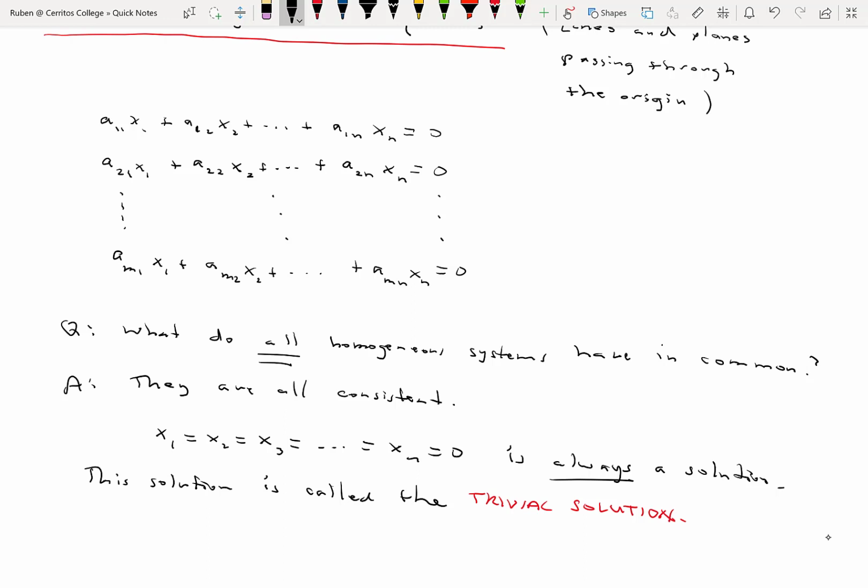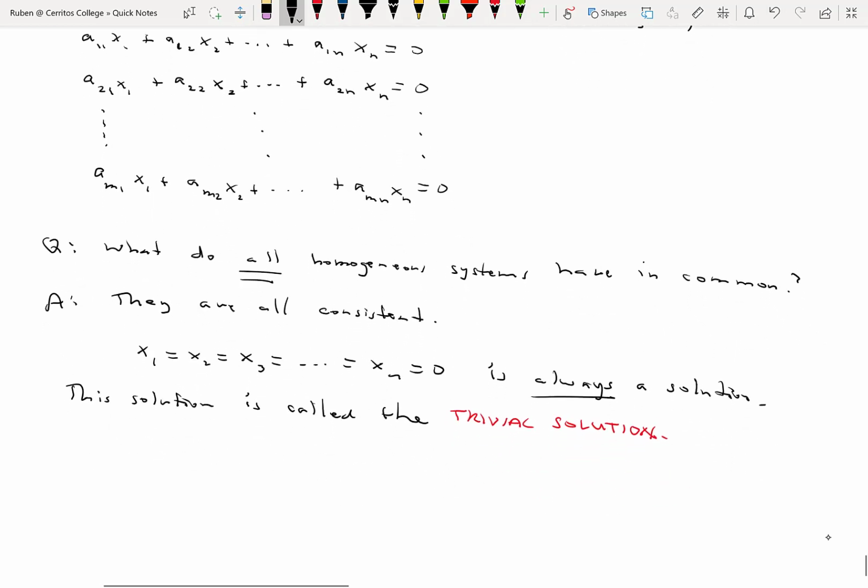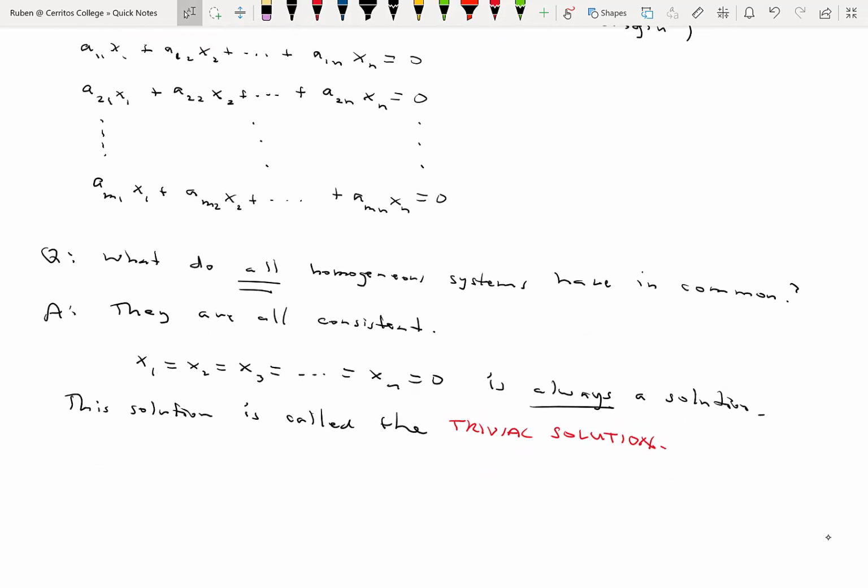For inconsistent systems you have no solutions. So the only question for homogeneous systems is whether or not there are solutions other than the trivial solution, the one where the values of all the variables are 0.